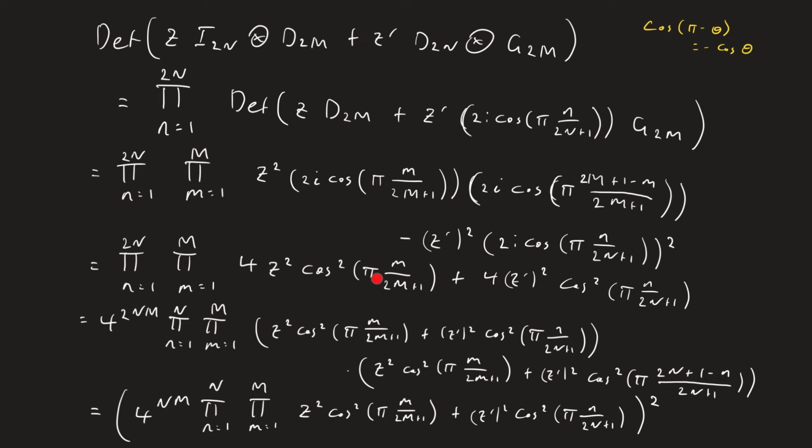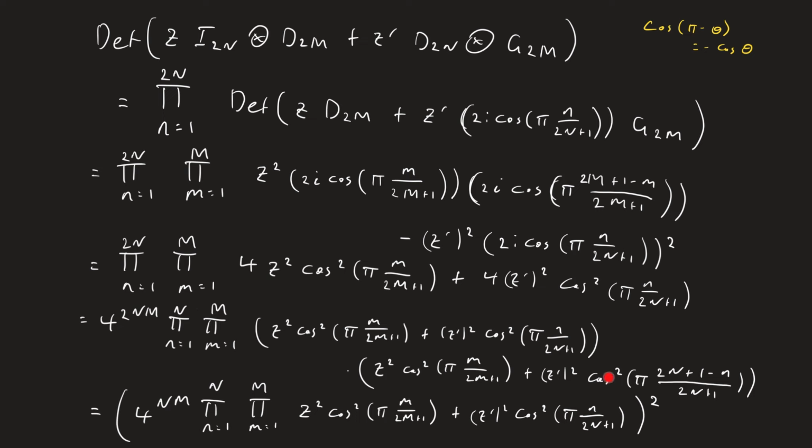Formally then, we want to pair up this expression here with the case when little n is equal to 2 big N plus 1 minus little n. Specifically, we're going to change the summation from n equals 1 to 2 big N to just little n equals 1 to big N, and we're going to keep the first expression here, and then we multiply in the case when little n is equal to 2 big N plus 1 minus little n, which gives us the second half of our original product.